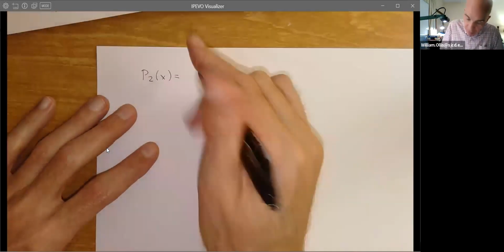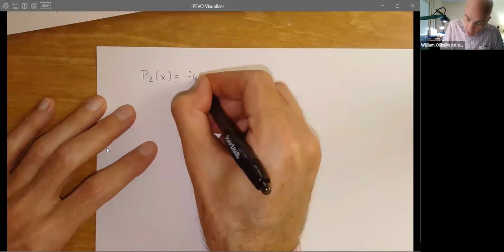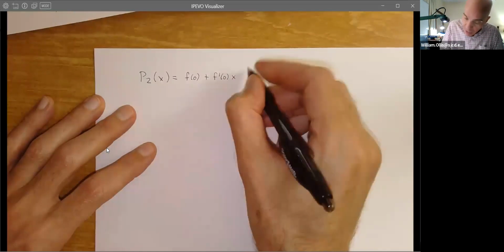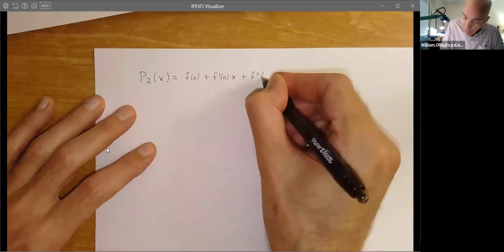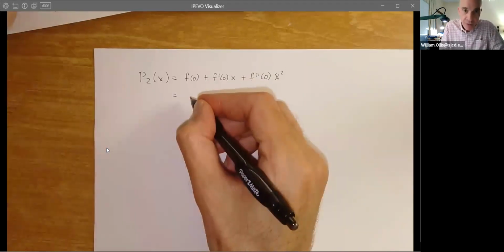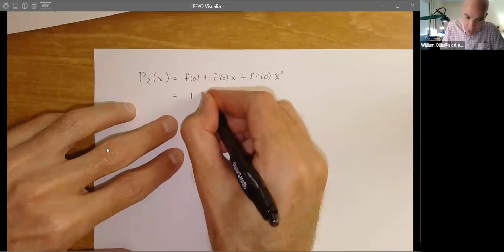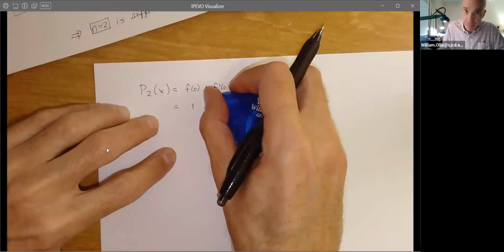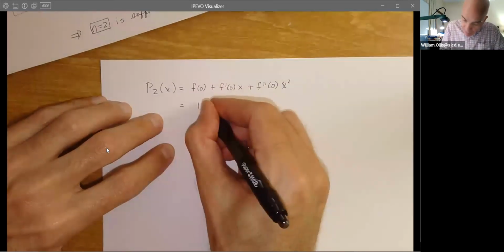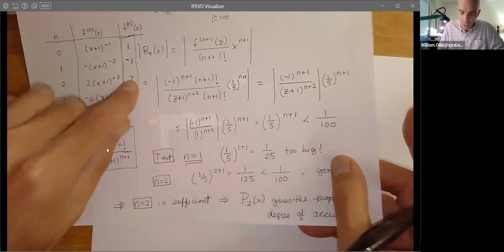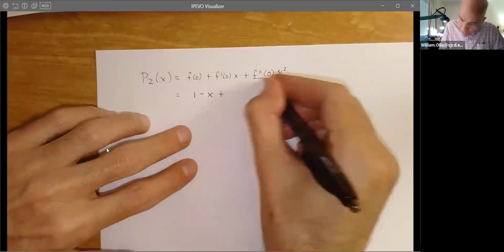So now we get f of 0 plus f prime of 0 times x plus f double prime of 0 times x squared. So that gives us a 1, and then minus x, the next one is a -1. And then we get plus, the next one we have a 2, and the 2 factorial here.